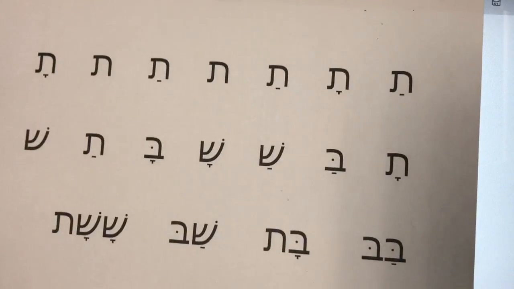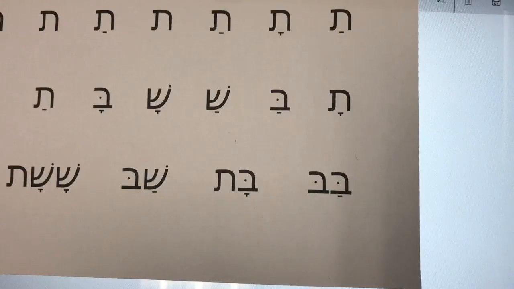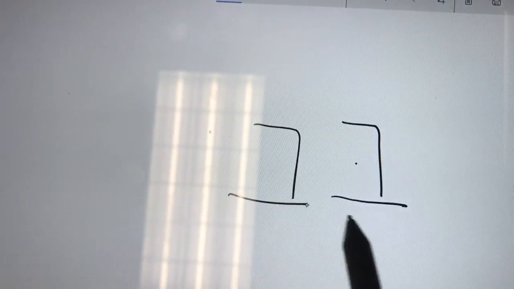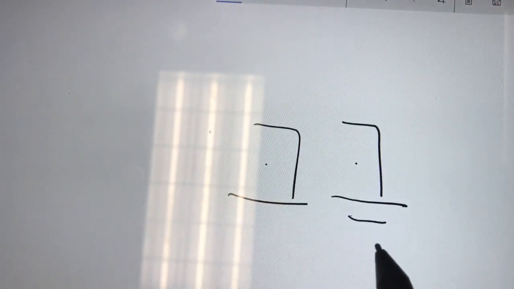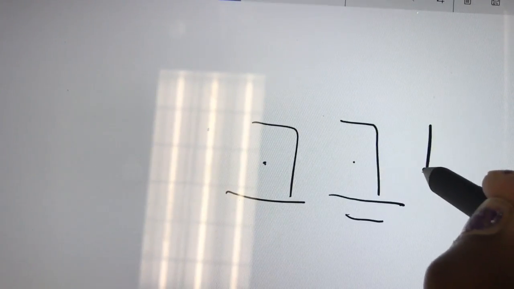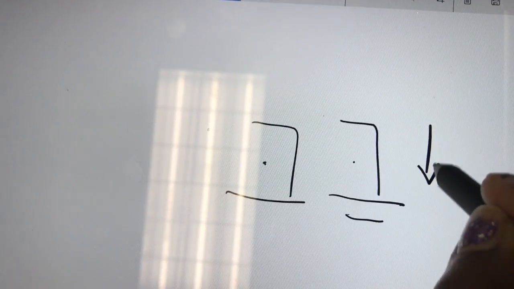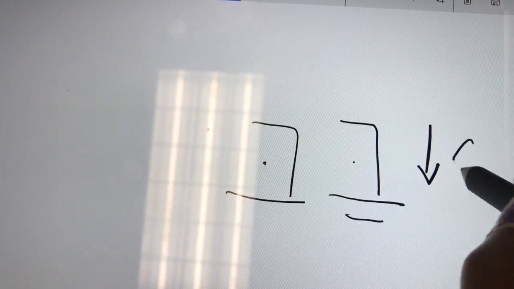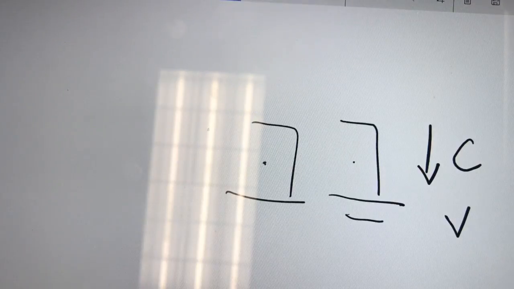Now this is where this is going to get a little bit different with these bottom ones. So I'm actually going to write these out. So you have a bet on your page, and then you have a vowel point under that bet. You have a nikud. Okay? So remember we read down, consonant vowel, and so what's supposed to come next?